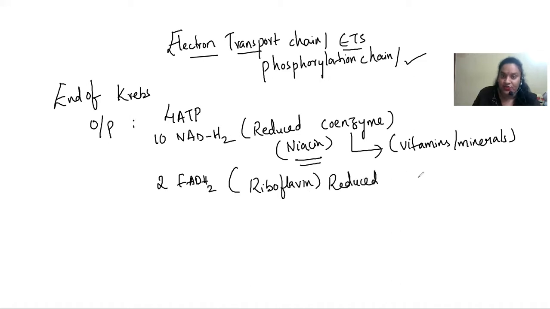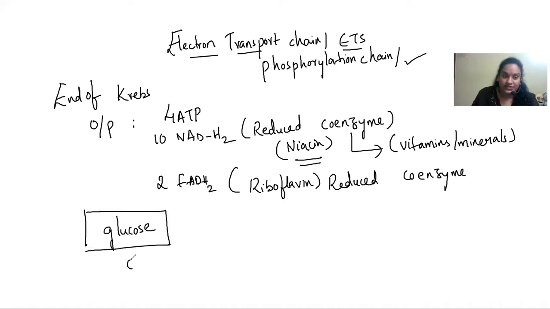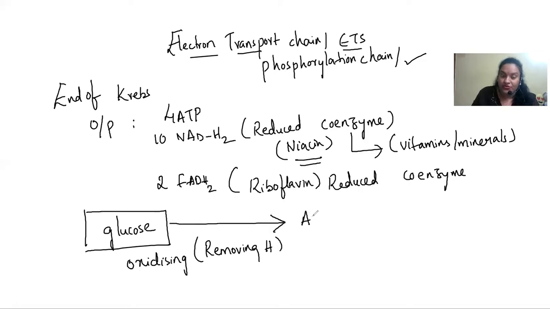You remember, children, by oxidizing a glucose molecule in the cellular respiration process, we are oxidizing, which means removing hydrogen from the glucose, and this has to result in the formation of ATP.